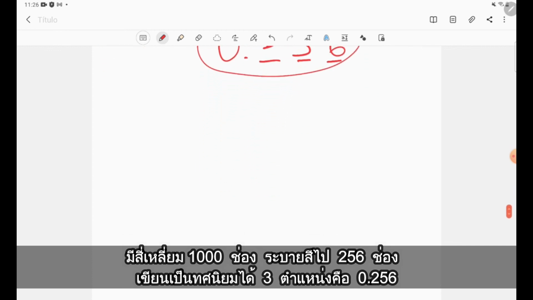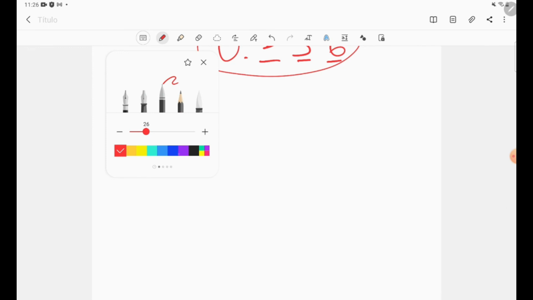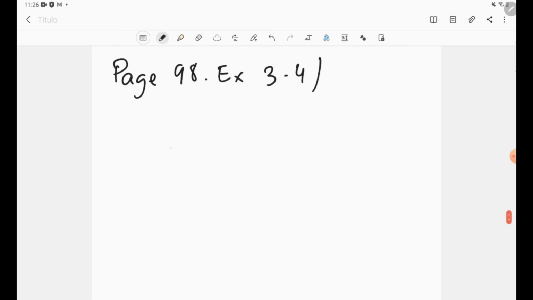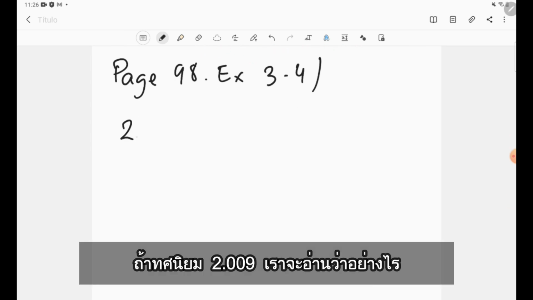Now in number 3 you have to do the same, but this time you have to write in words. Page 98, exercise 3, for example 4. Okay, 3, 4. Here it says 2.009 is read as how much?